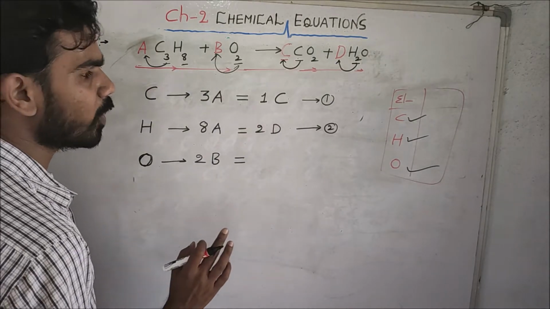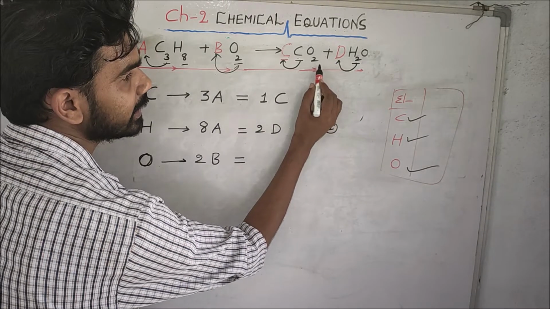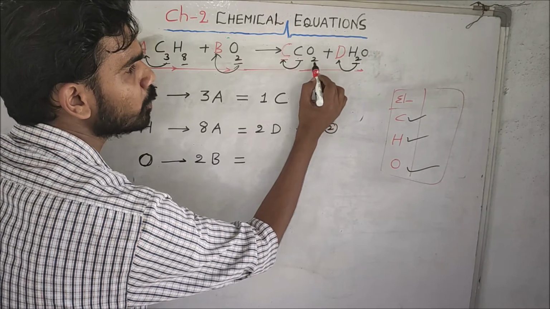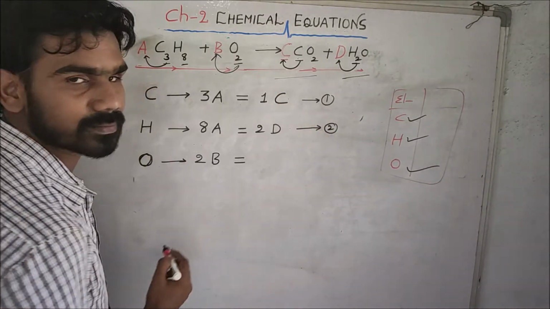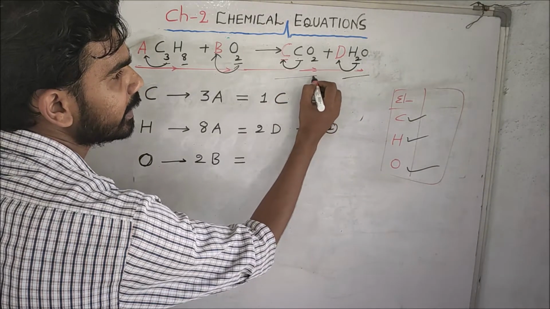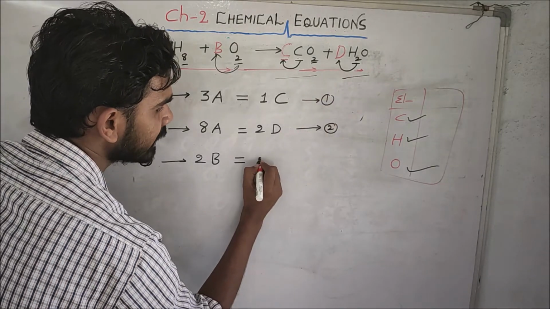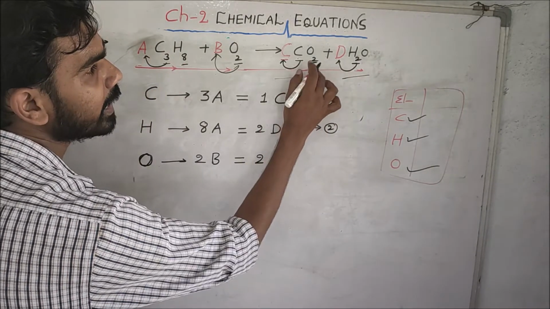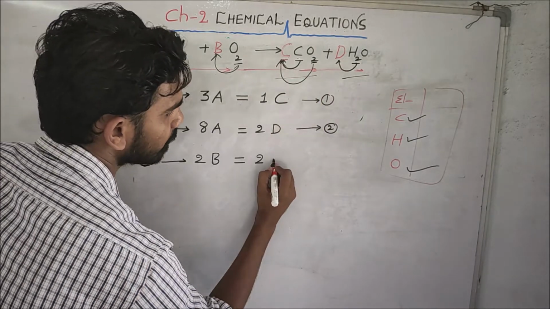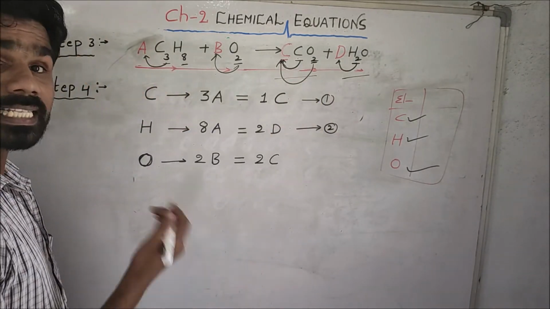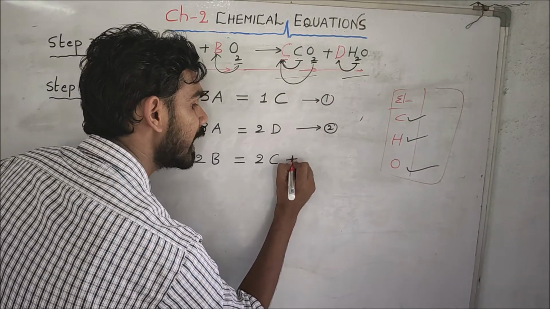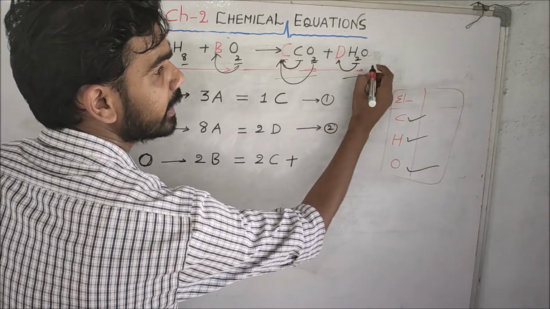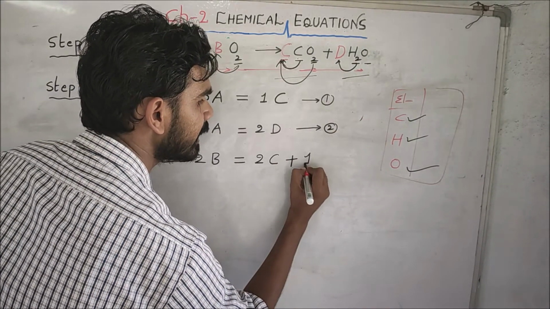Now it is very important. On the right hand side, oxygen is there in 2 places. Here 2 oxygens are in C family, plus here 1 oxygen in D family.